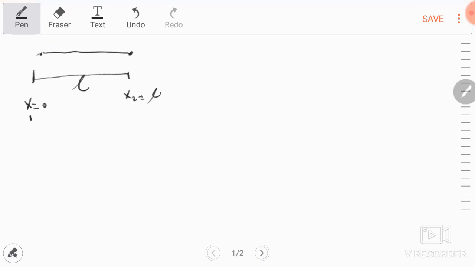Actually the x2 is for this point and x1 for this point. I'm sorry, maybe my drawing is not good.